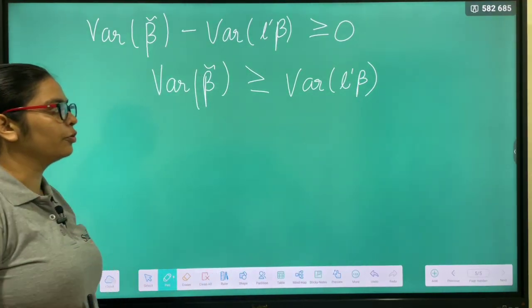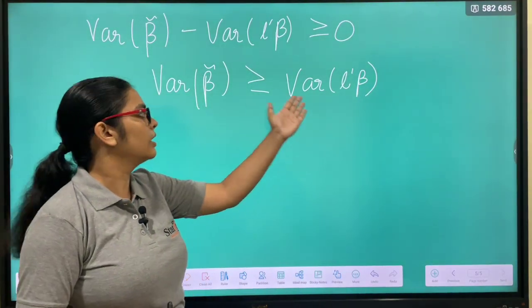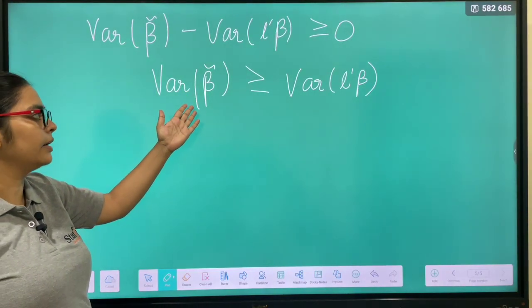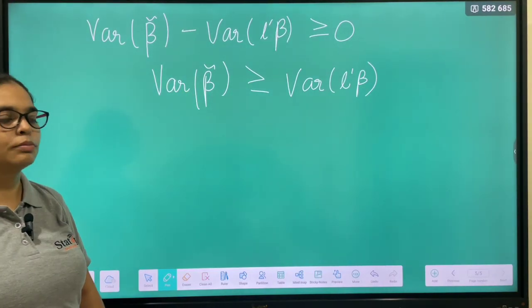And this is how we prove that variance of L dash beta is less than that of any other estimator of the model, beta curl, and hence it is BLUE.